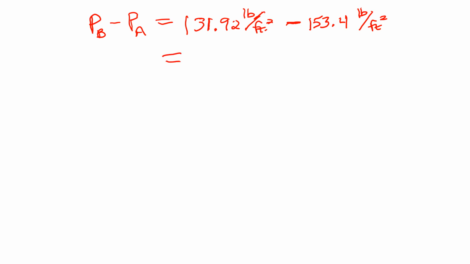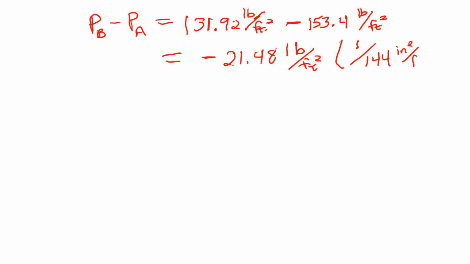And so if we solve, we should get that it's negative 21.48 pounds per foot squared. But again, more commonly, we want to get our final answer in PSI. So what I'm going to do is multiply by 1 over 144 square inches per foot squared.